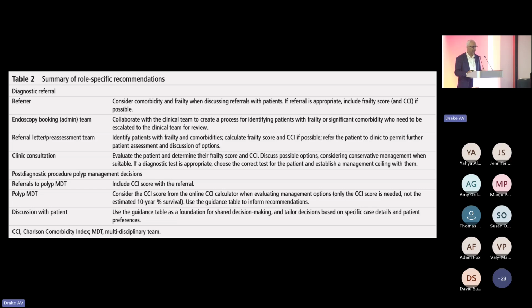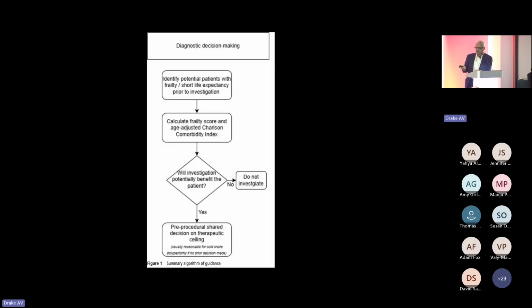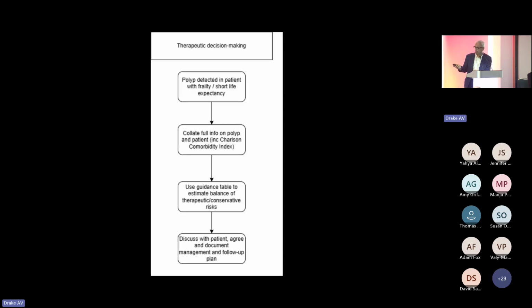Each level can benefit quite a lot from being streamlined and seeing how it's going to help us with the benefit versus risk discussion with the patient. So if it's a simple diagnostic test, there's an algorithm there that you can see, and you can decide whether you investigate or don't investigate further, or whether there's a non-invasive or less invasive modality that might reduce the risk and still give a reasonable level of benefit.